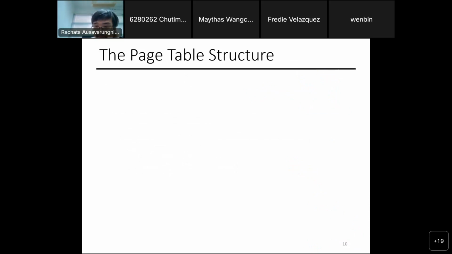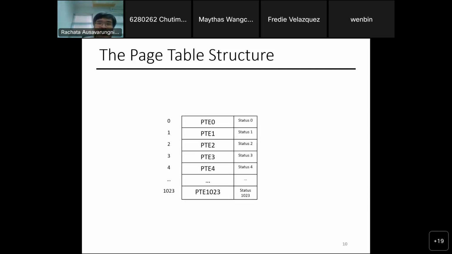Does each process have its own page table, or is it a page table that's used for the entire machine? The entire machine has the one page table shared by multiple processes. But let me show you the page table structure because it would give you the answer to that. This is the page table structure, right?